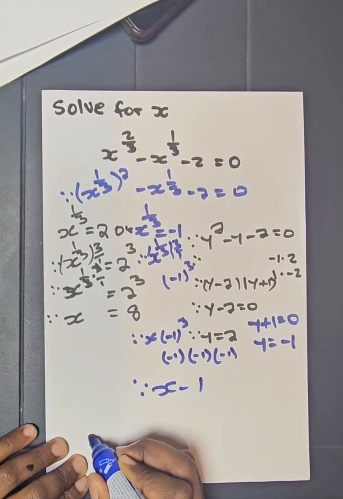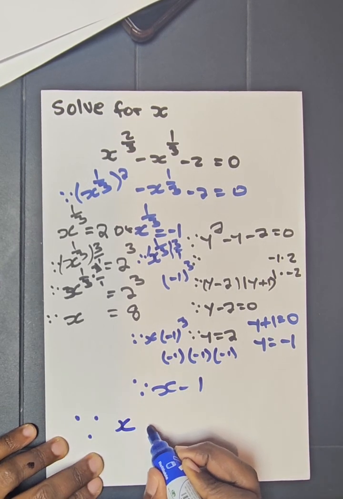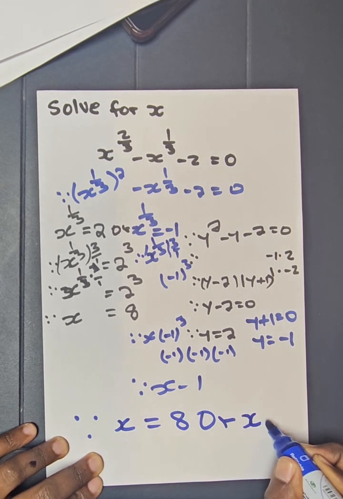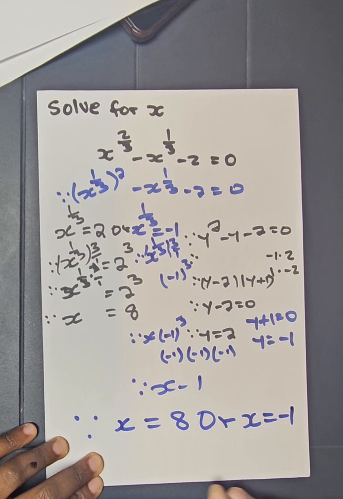So our two solutions are x equals 8 or x equals -1.